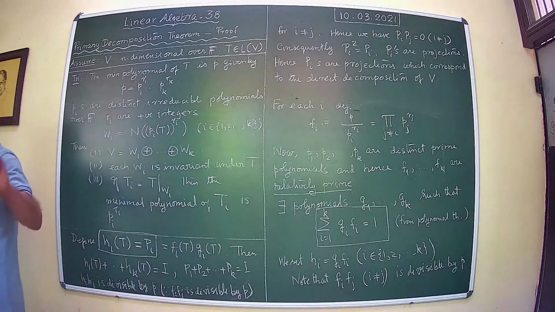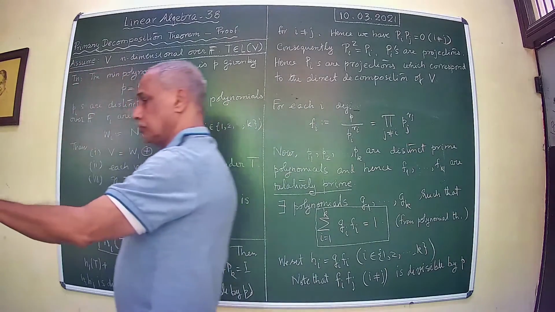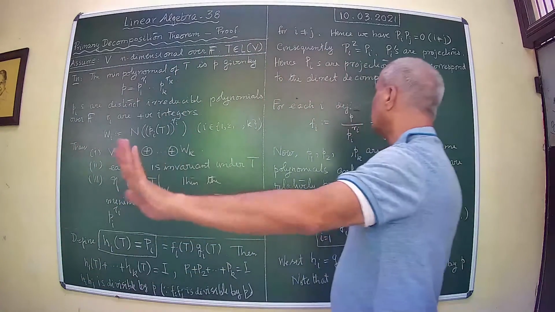So we have V1 plus V2 plus etc. Vk equal to I. So it's a decomposition.